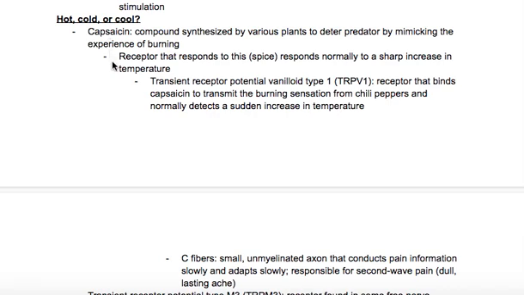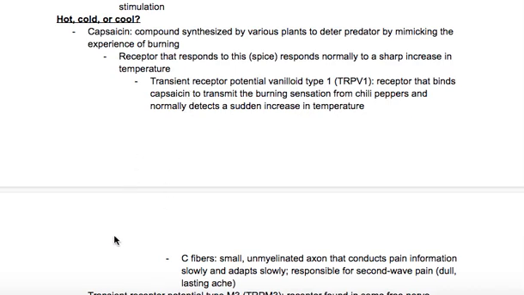TRPV1 is a receptor that binds capsaicin to transmit the burning sensation from chili peppers, and it normally detects a sudden increase in temperature. So the study of capsaicin revealed the specific receptor that responds to a sudden increase in temperature.